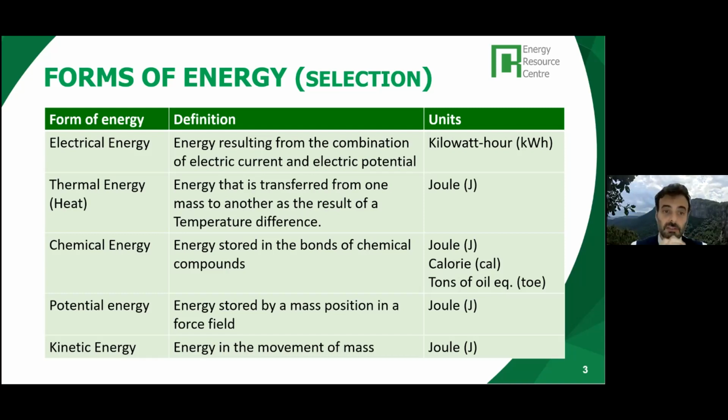Chemical energy is understood as the energy stored inside the materials, inside the bonds of any chemical compound. Potential energy is very important for hydroelectrics, and also kinetic energy, the energy due to the movement of a mass. So, different forms of energy.